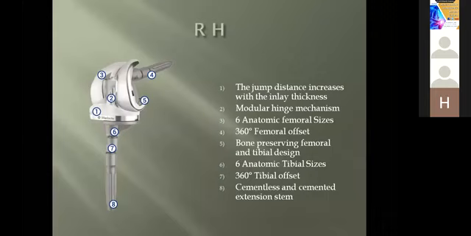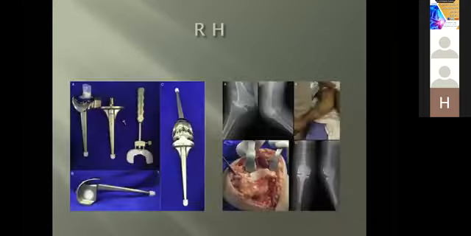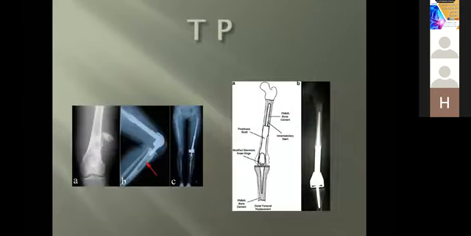There are 6 anatomical tibial sizes, a 360 tibial offset option in the stem, standard stem and offset stem, and cemented or cementless stem extension. This is an example of a rotating hinge in a grossly unstable knee after taking whatever time you need to get balanced gaps.